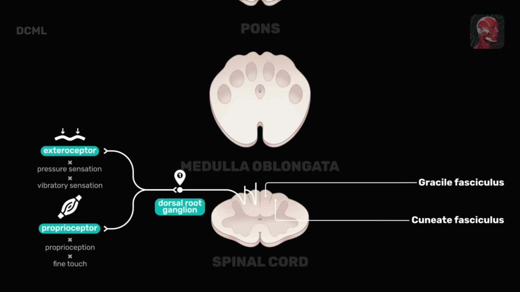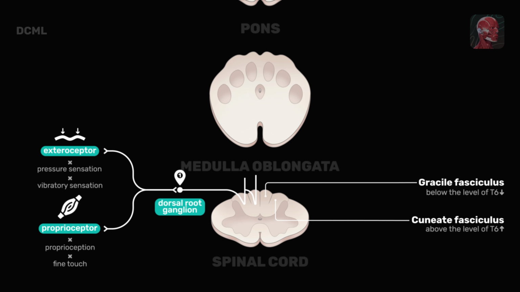The gracile fasciculus is located medially and carries sensory information from the lower parts of the trunk, below the level of T6, and the lower limbs, while the cuneate fasciculus is situated laterally and carries sensory information from the upper parts of the trunk, above the level of T6, and the upper limbs.